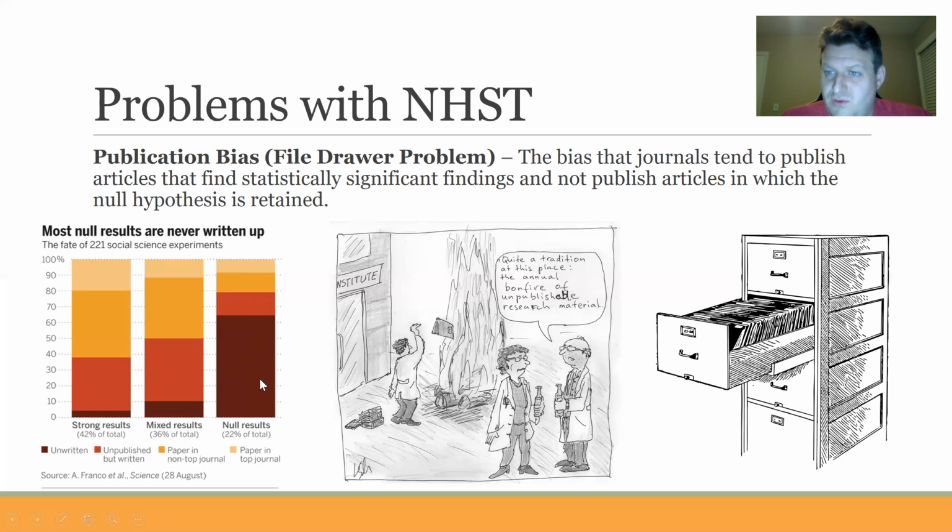This is hugely problematic. And null hypothesis significance testing lends itself to this dichotomous thinking. The results are good if the p-value is less than 0.05. The results are bad and should never see the light of day if the p-value is above 0.05. Not good.